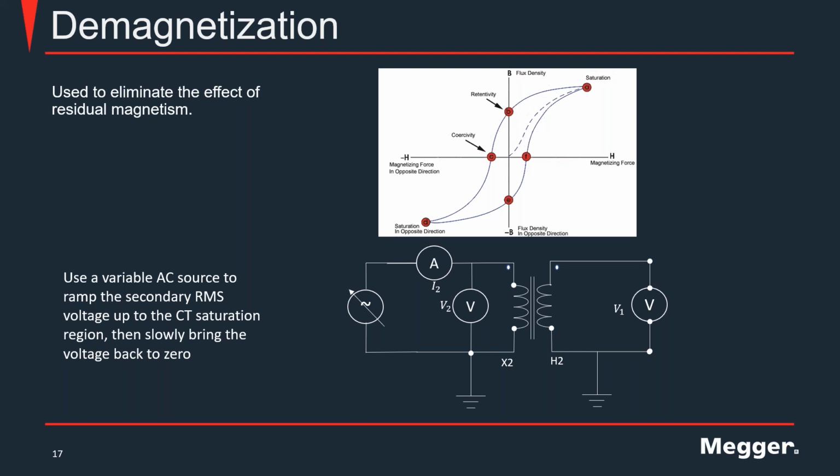So not only are your magnitude and phase going to be wrong, the waveform that you're getting is not going to be a properly formed sinusoid. Even though you could get measurements on the other side, depending on the degree of saturation, which there's no way for you to know ahead of time, I really don't recommend using a saturated CT to perform measurements or protection.